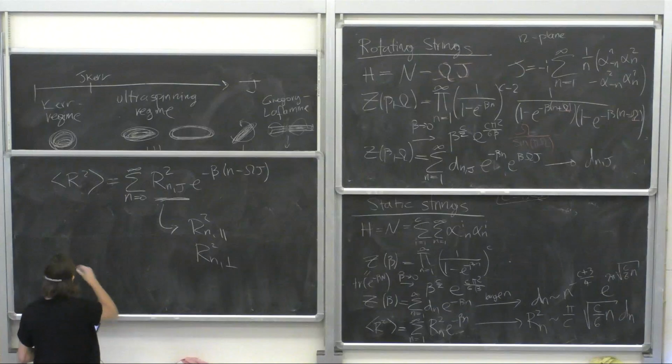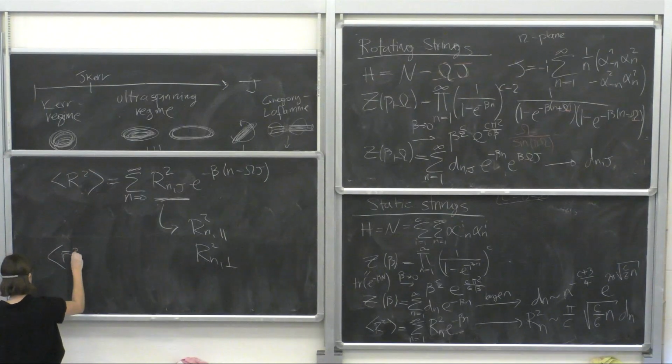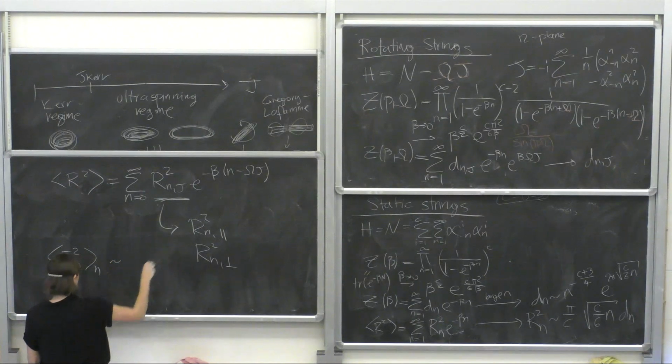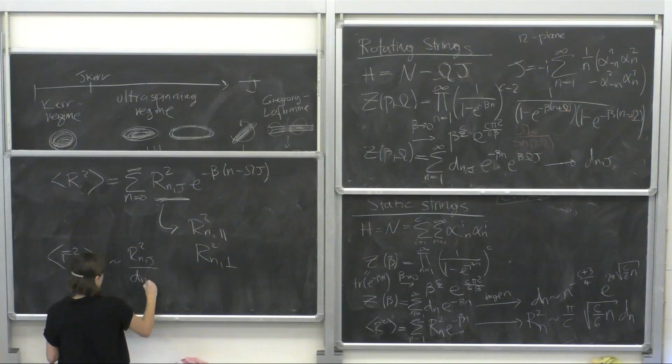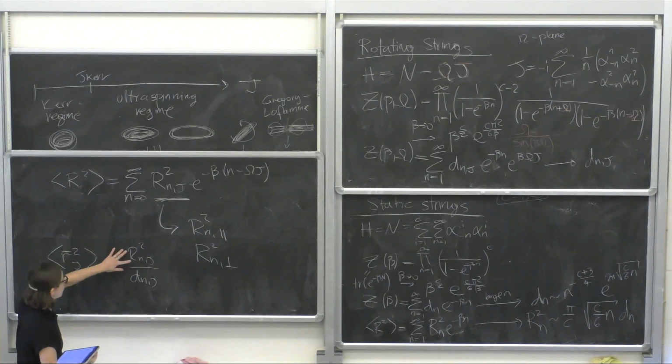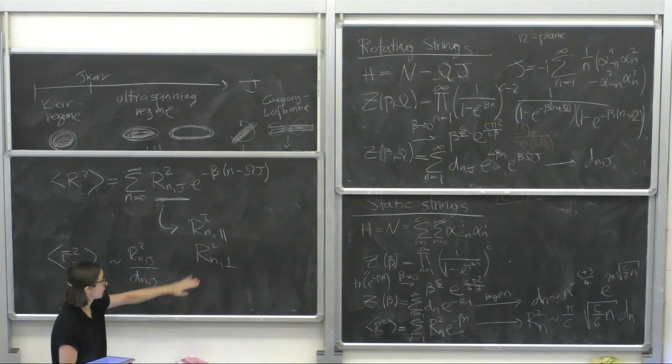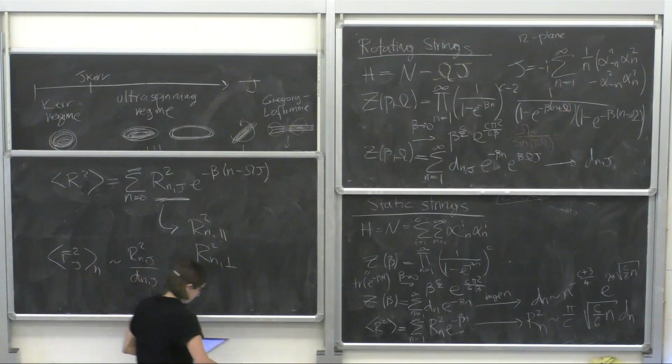And then I want to again compute this average squared value at fixed n and fixed j. And so there will be two of these that I can compute. Let me just write this in this form. So there will be two sizes that I will compute, one where I look at the parallel direction and one perpendicular to the rotation plane.